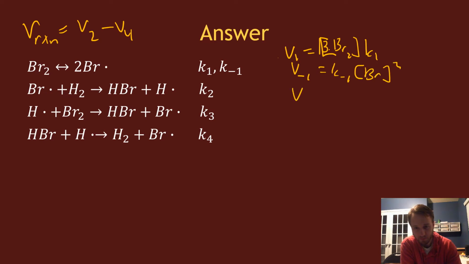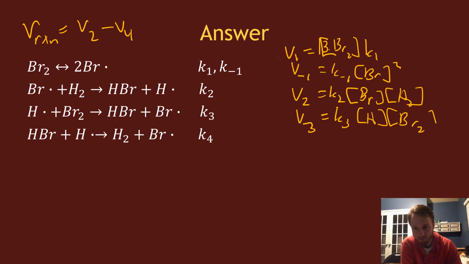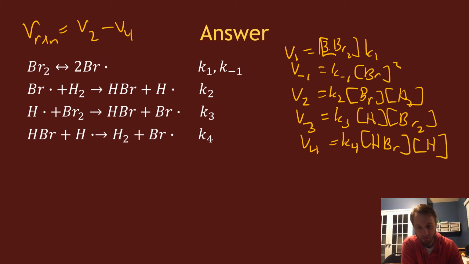V2 equals K2 [Br][H2]. V3 equals K3 [H][Br2], and V4 equals K4 [H][HBr]. So you see the rate of my reaction is related to the rate law V2 minus V4.